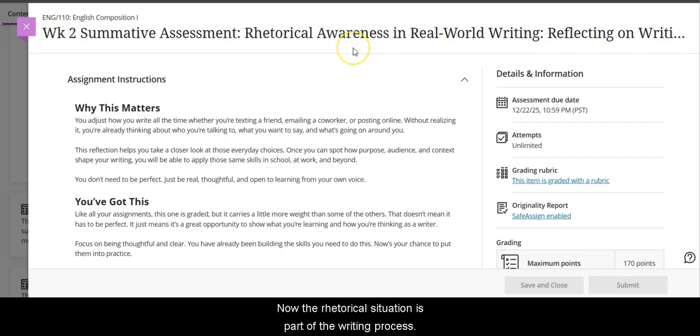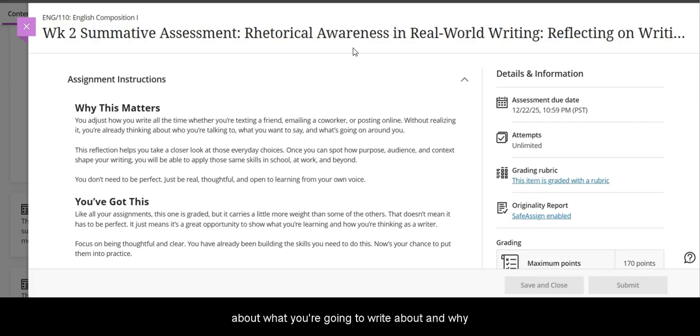Now, the rhetorical situation is part of the writing process. It belongs to the first stage of the writing process, which is the pre-writing stage. This is the stage where you make decisions and choices about what you're going to write about and why. And one of those reasons is because of the rhetorical situation.